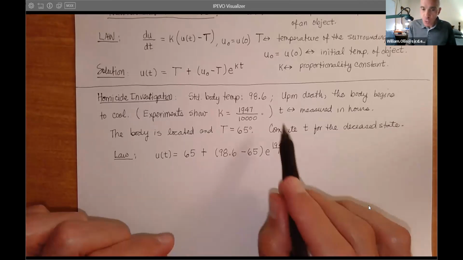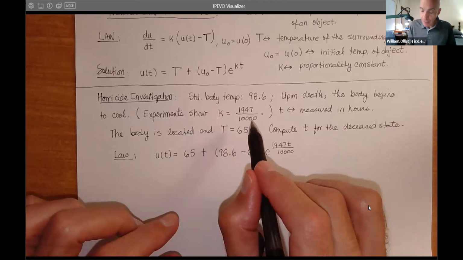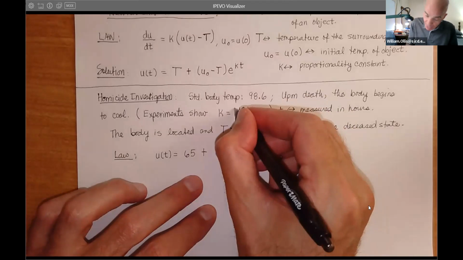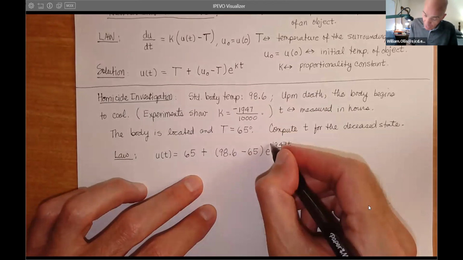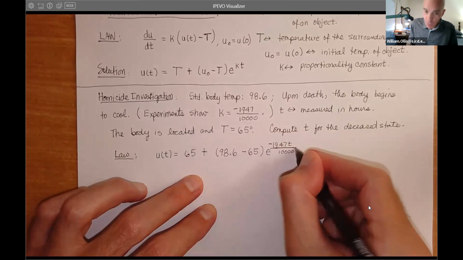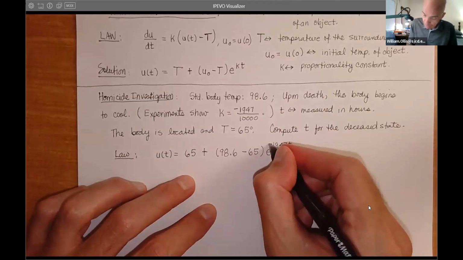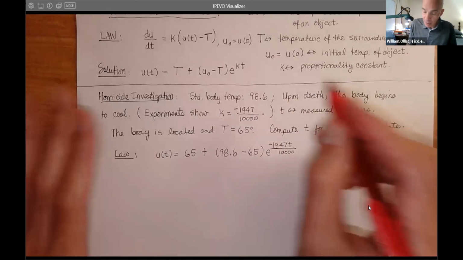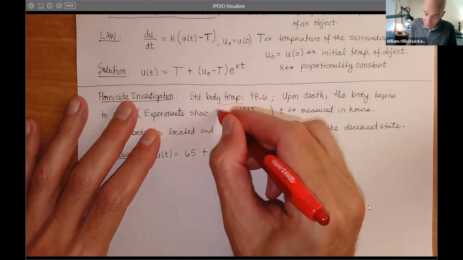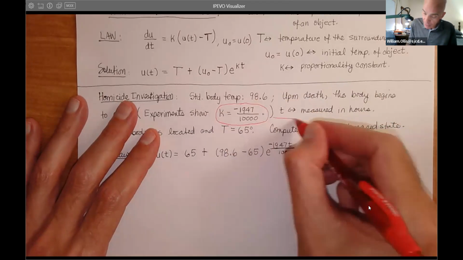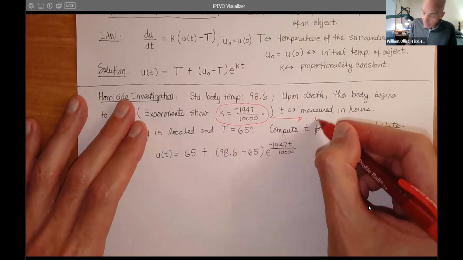The actual K here, and the way it should be given in the problem, is that this should be a negative, because this is going to have to decay. So that's a negative. Here, WebAssign may not give you this, but our K is actually negative because we need decay.